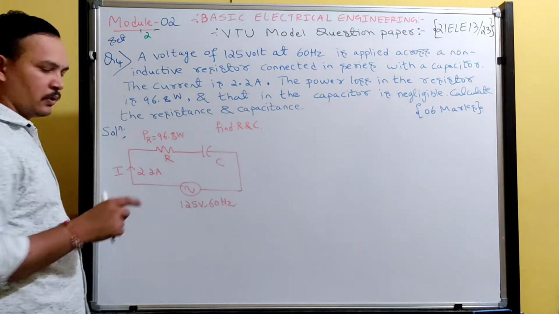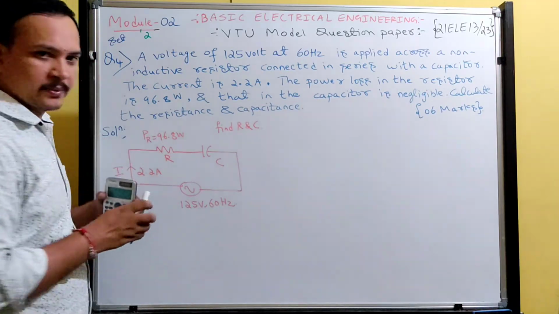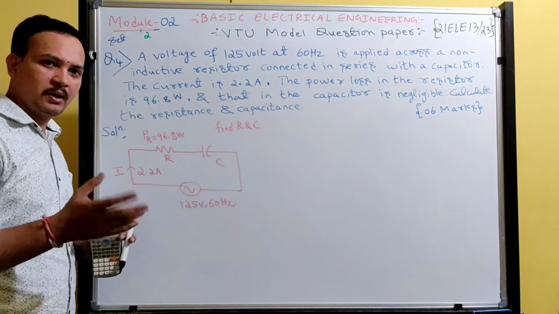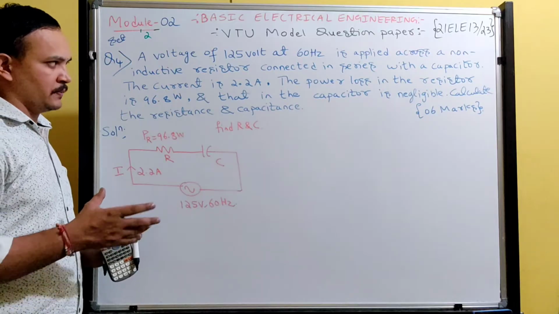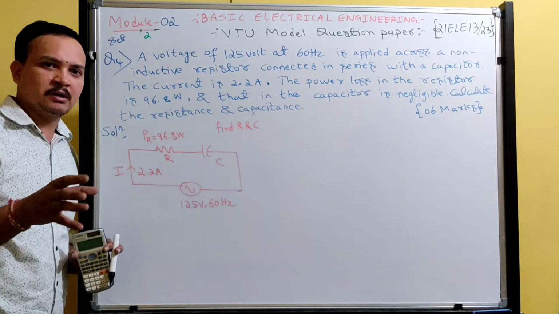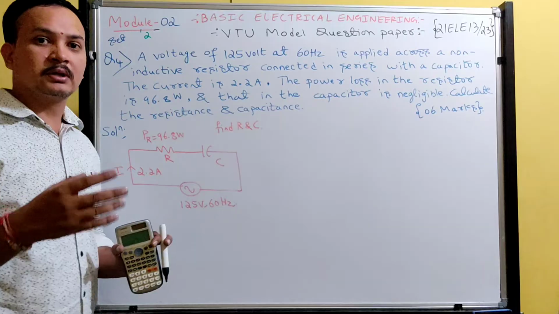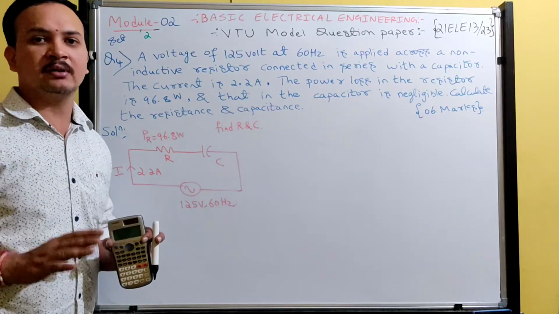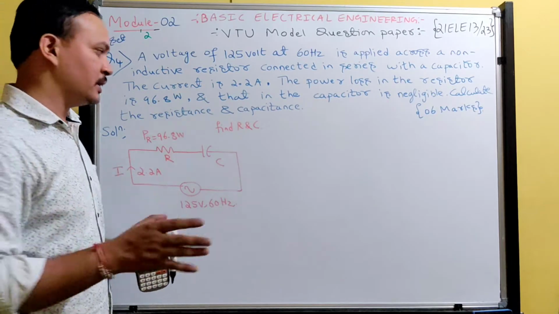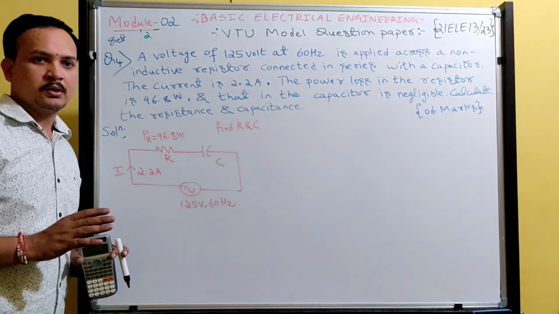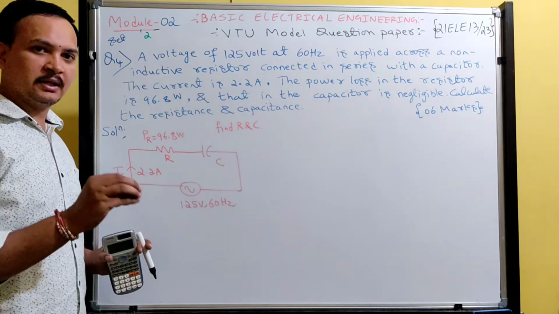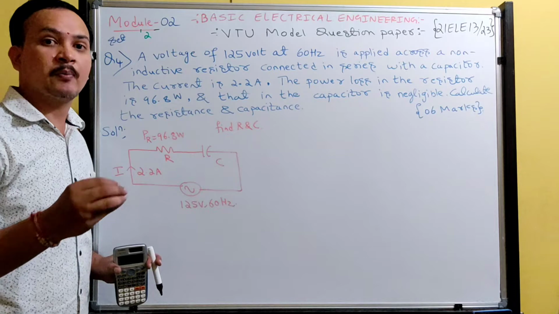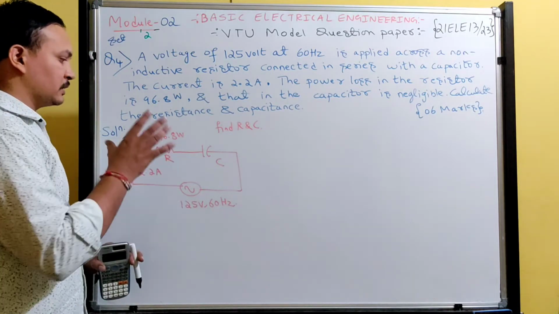Question number 4 is given in the model paper. From this, what we are going to understand is that there will be questions in such a way that students are going to think and kill their time in the exam. So VTU is telling that we are going to ask such types of questions.